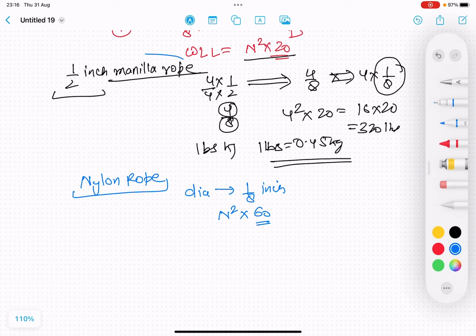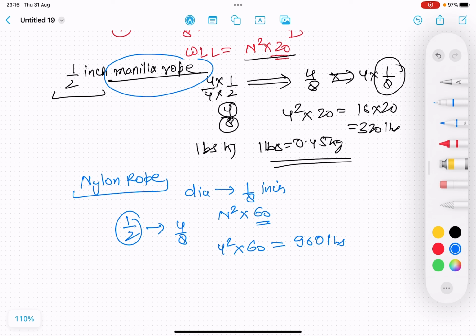In the Manila rope you multiply the numerator squared by 20; here you multiply the numerator squared by 60. Take half an inch again, converted to 4/8. Now 4 squared into 60: 16 sixes are 96, so it becomes 960 pounds.